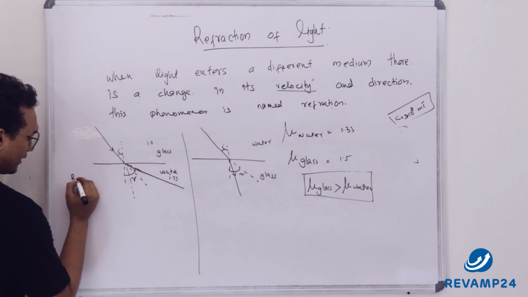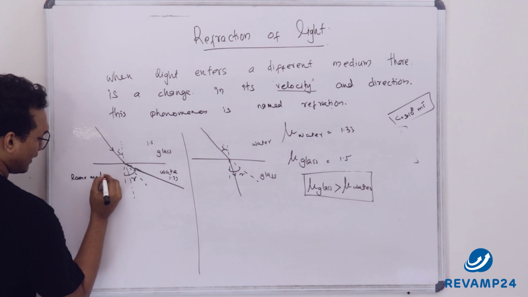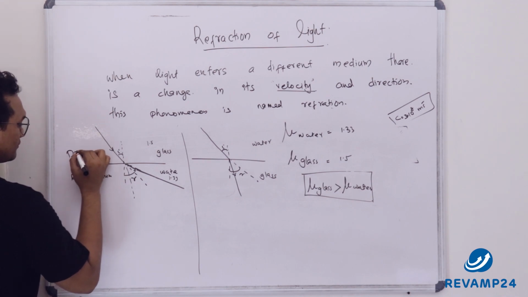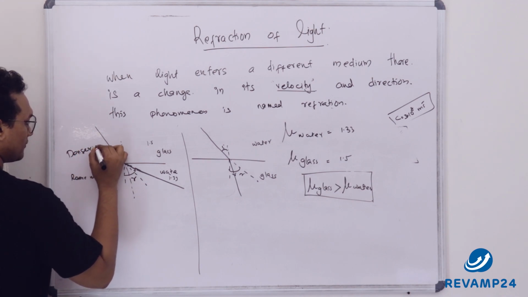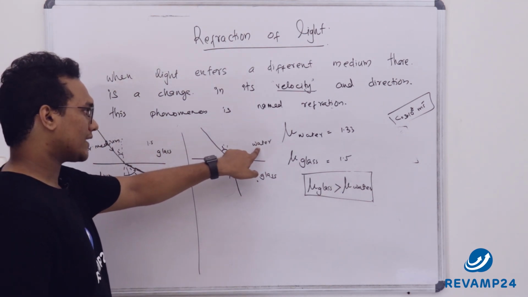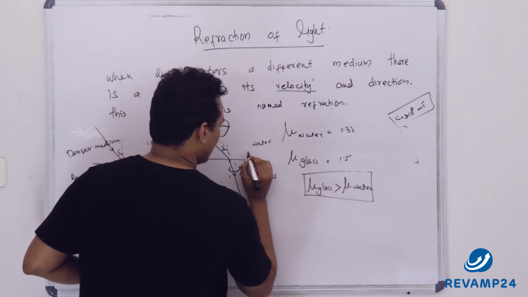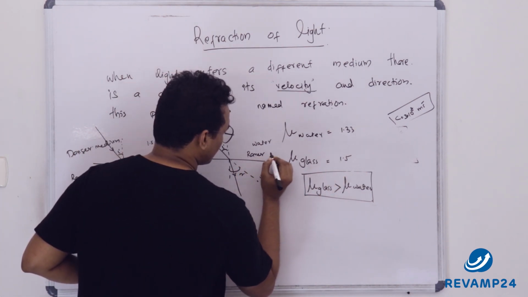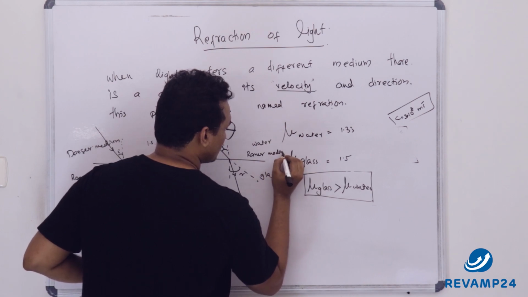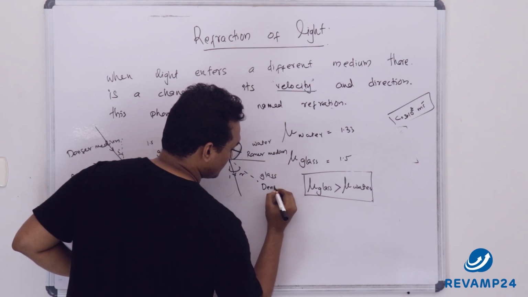So this is the rarer medium, and this is the denser medium. In this case water is 1.33, so this is the rarer medium, and this is glass 1.5, the denser medium.